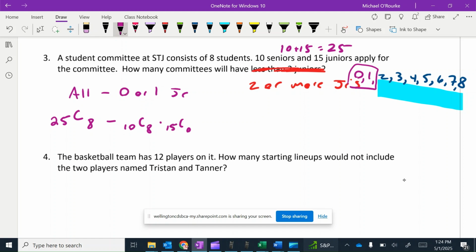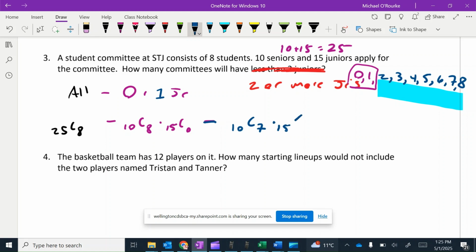But I'm going to minus off no juniors, and I'm going to minus off 1 junior. 1 junior is going to be 10C7 times 15C1. And that's my answer there.